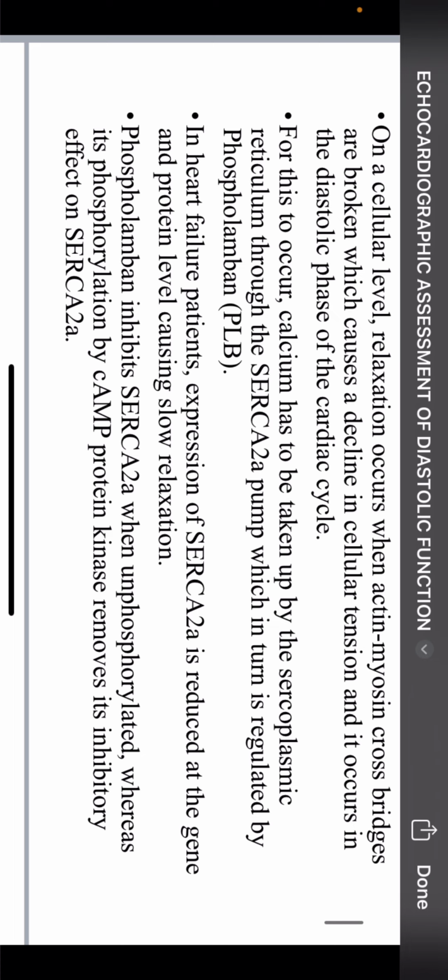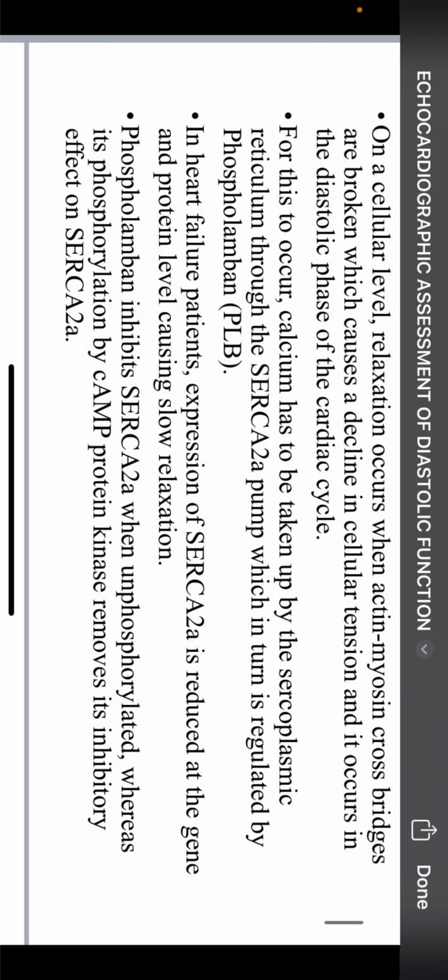Phospholamban inhibits SERCA2A when unphosphorylated, whereas its phosphorylation by cyclic AMP protein kinase removes the inhibitory effect on SERCA. So if it's phosphorylated, SERCA should not be inhibited.